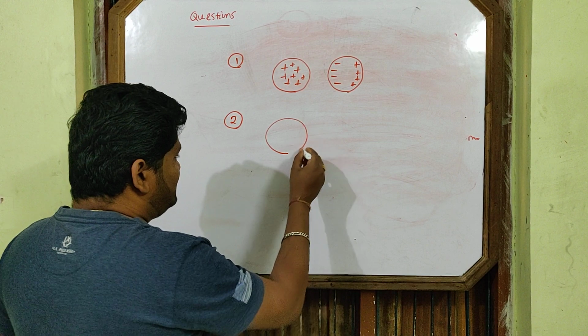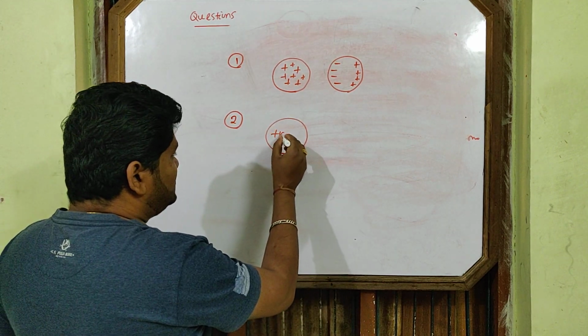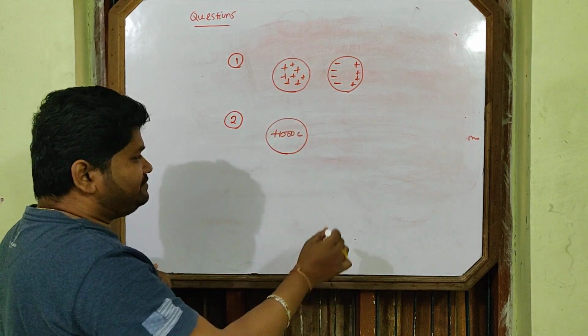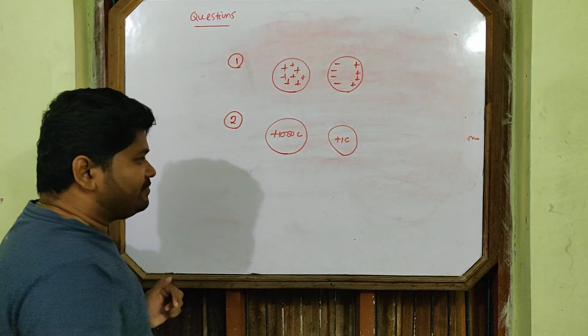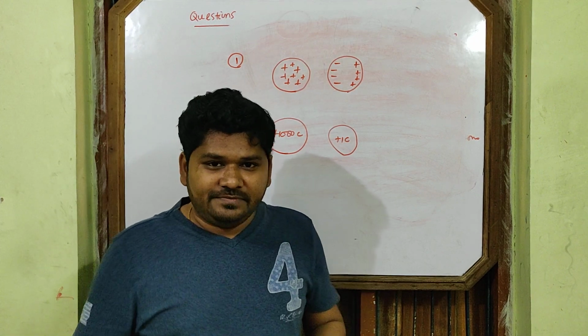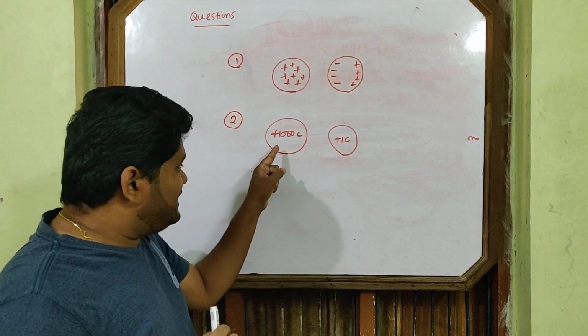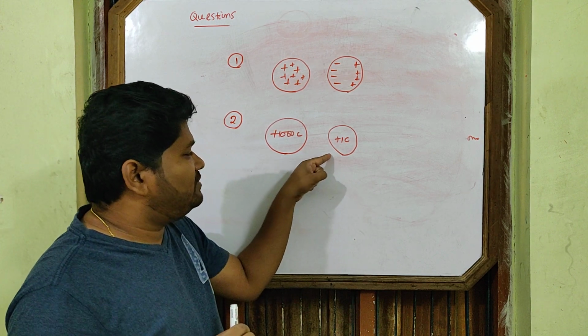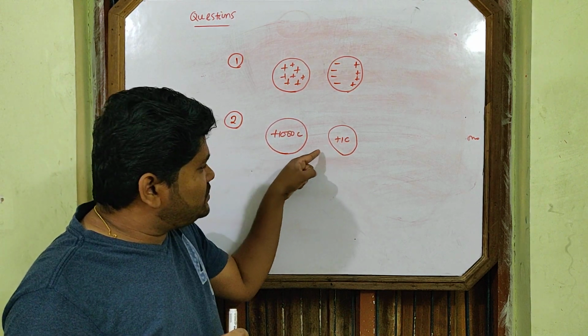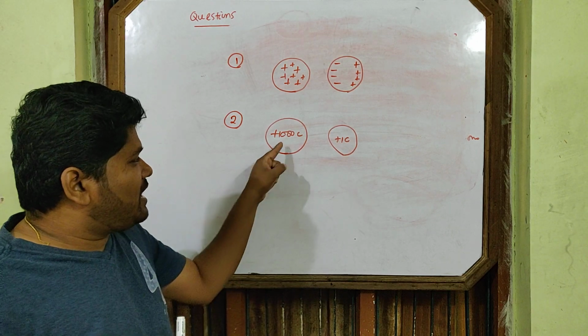This is one body of charge plus 1000 coulomb. This is another body of charge only plus 1 coulomb. They should repel each other, but when this 1000 coulomb is brought very close to plus 1 coulomb, what will happen here?